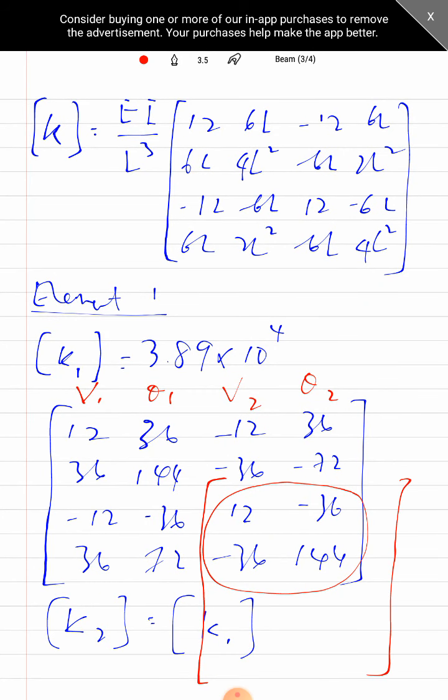So you just need to add this component here, so you need to add with this. This is for K1, okay, and K2.